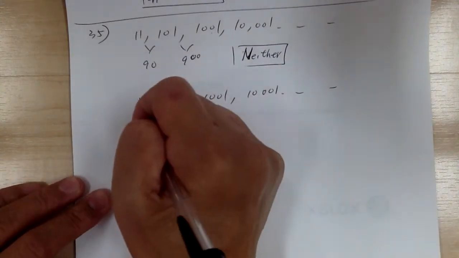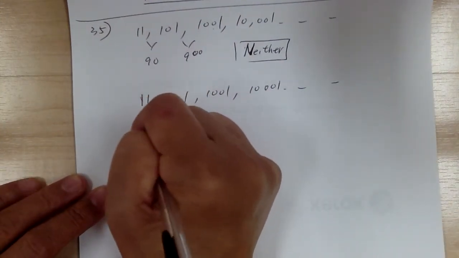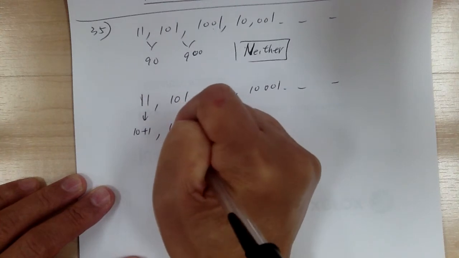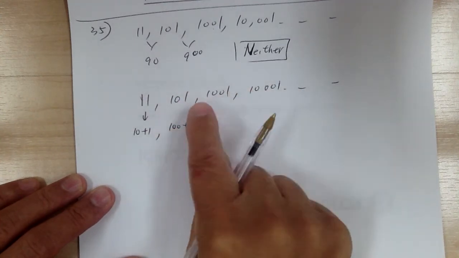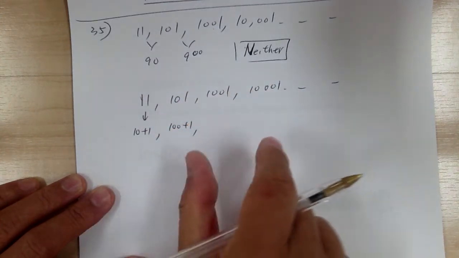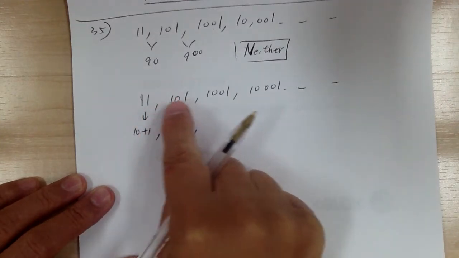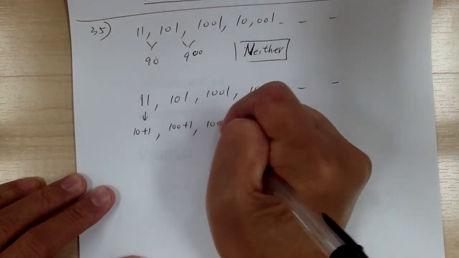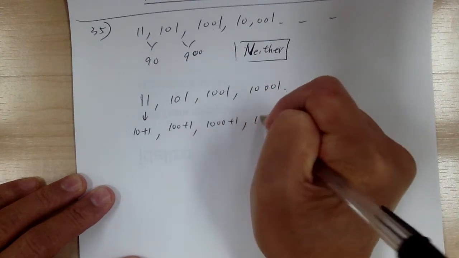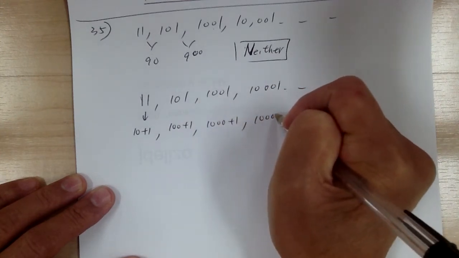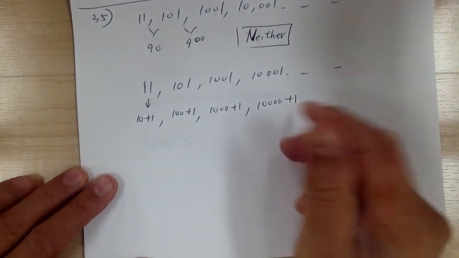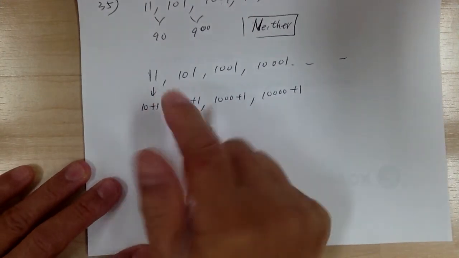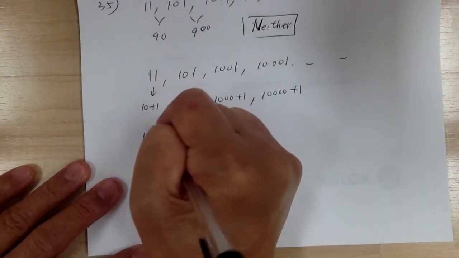So you have to break it into two numbers. This is equal to 10 plus 1. This is 100 plus 1. So that's common. You try to break it up so that you have common elements. Notice there's a 1 at the end, right? And so this is 1,000 plus 1, and this is 10,000 plus 1. And from here, you can write it as powers of 10. So this is 10 to the 1 plus 1.